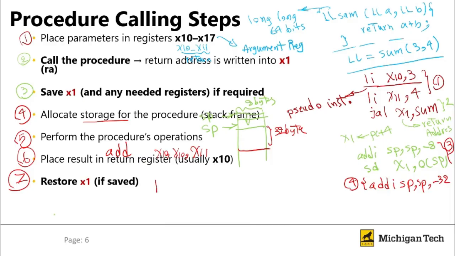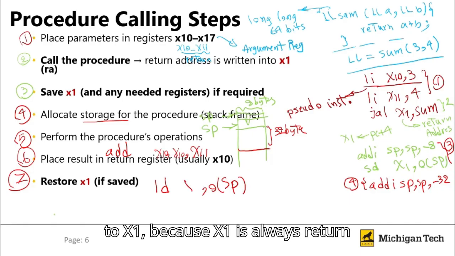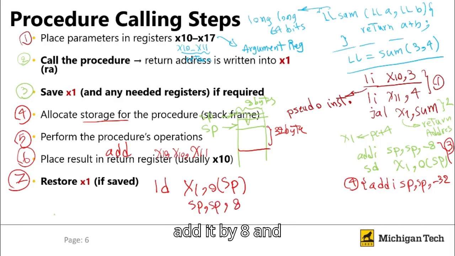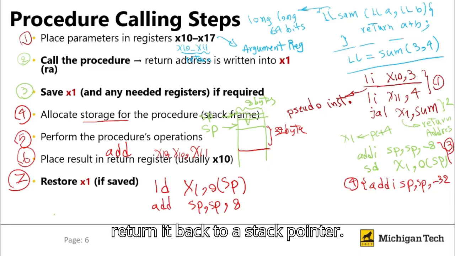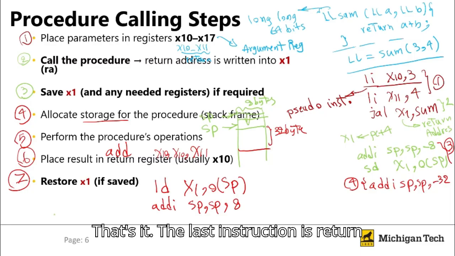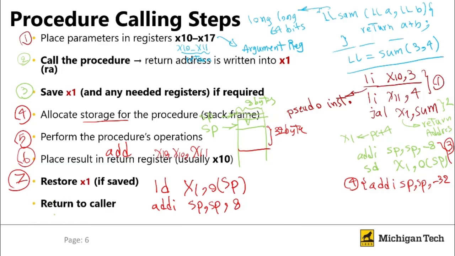So we load from the stack pointer to x1, because x1 is always the return address, and change the stack pointer to the previous address that it was. So we add 8 to the stack pointer and put it back in the stack pointer. That's it.